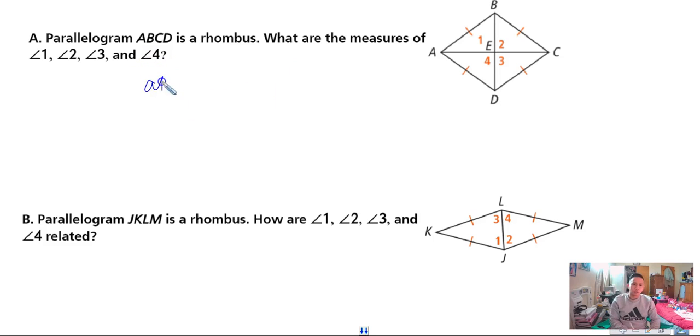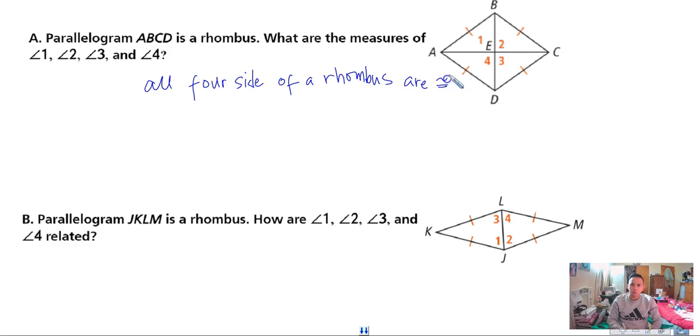All four sides of a rhombus are congruent.